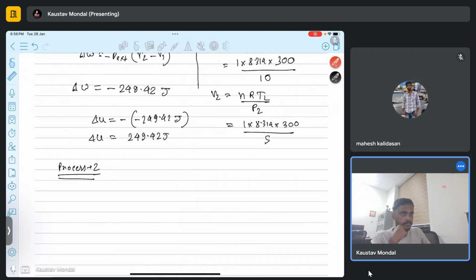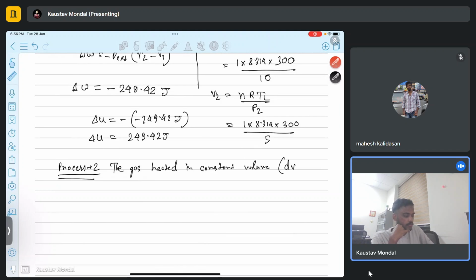Here, in process 2, after the gas expands, the gas is heated at constant volume, right?